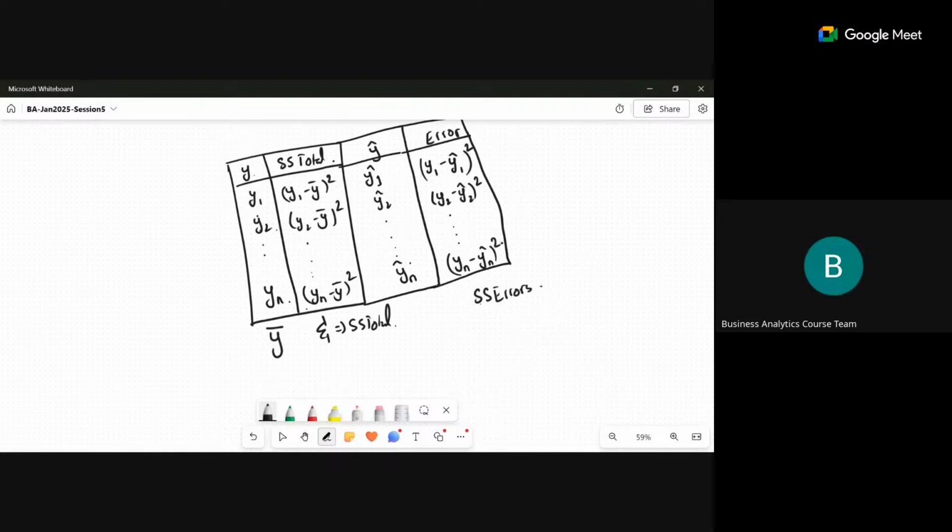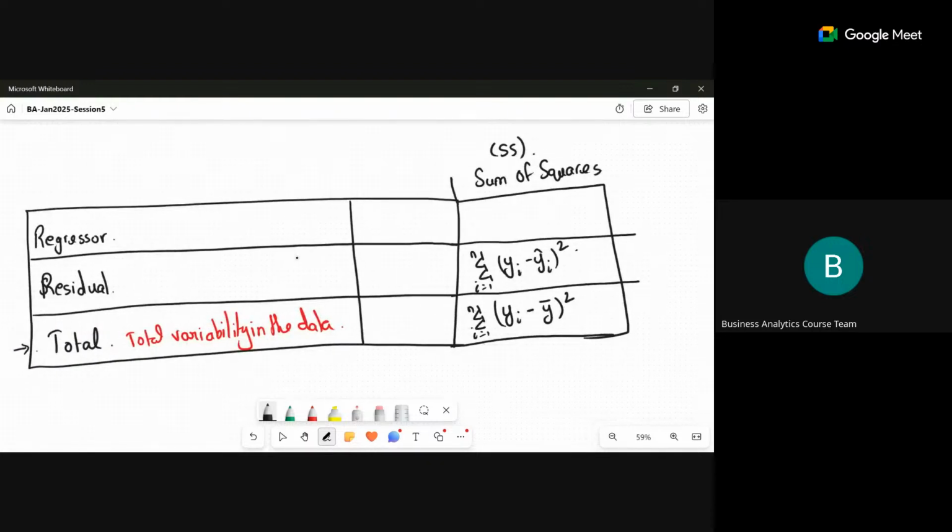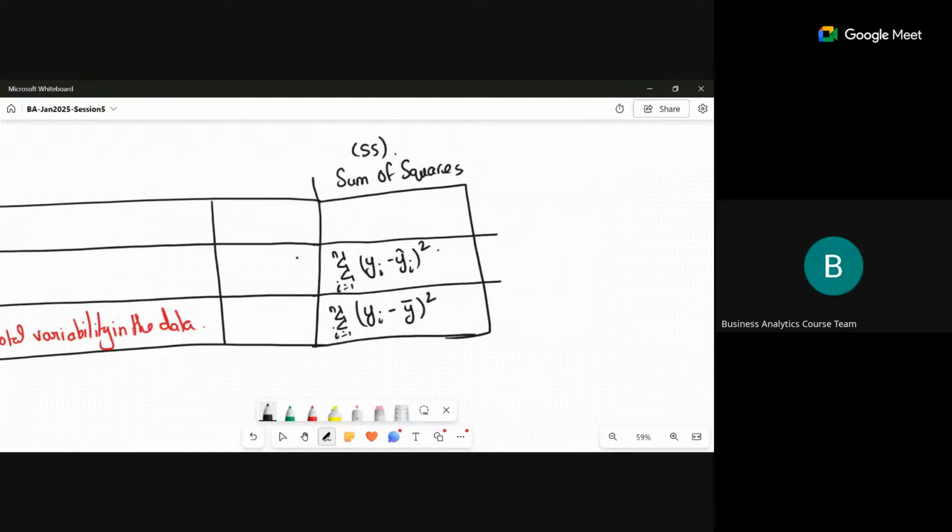So you do this: (y1 minus y1 hat) squared, (y2 minus y2 hat) squared, and so forth. Sum this up, this becomes your sum of squares for error. Summation i equal to 1 to n of (yi minus yi hat) squared is the total variability that goes to the error.